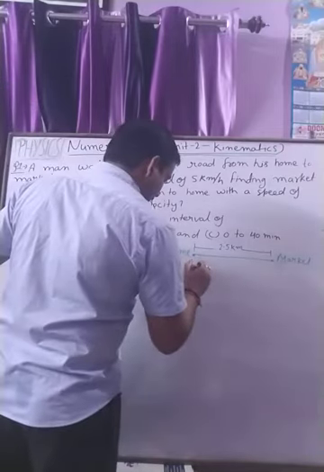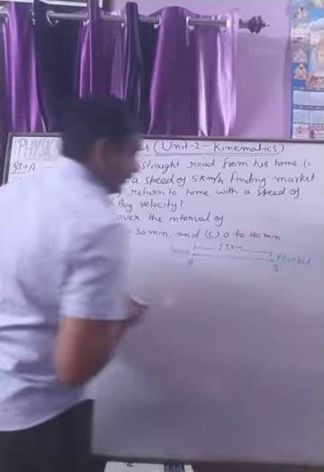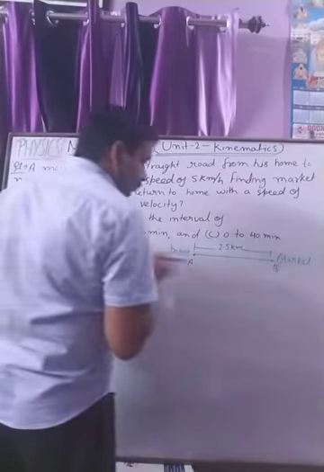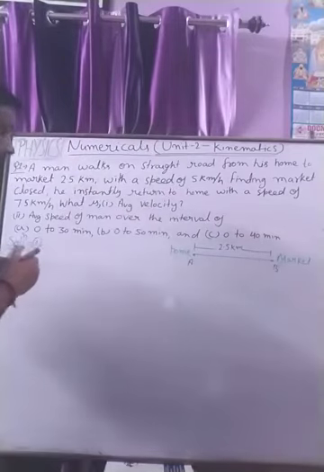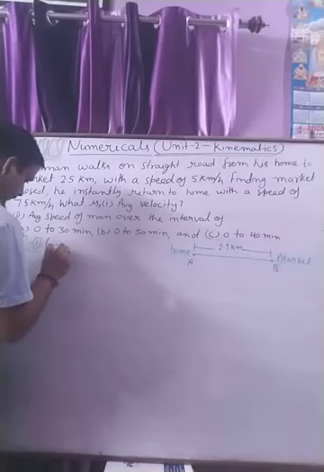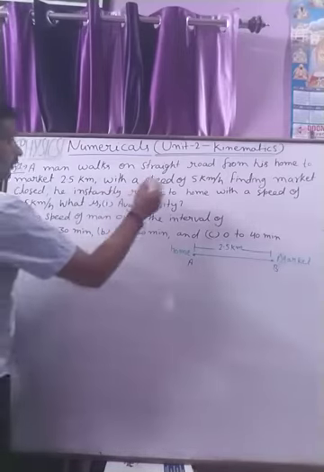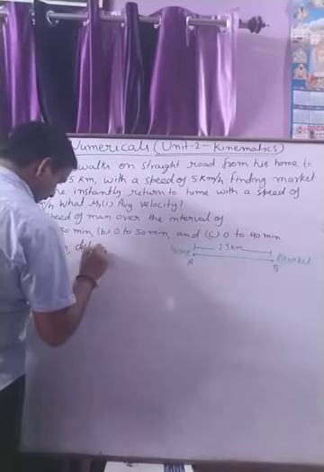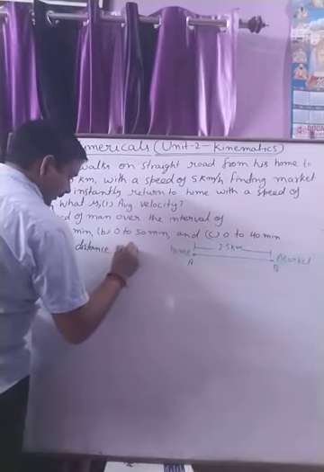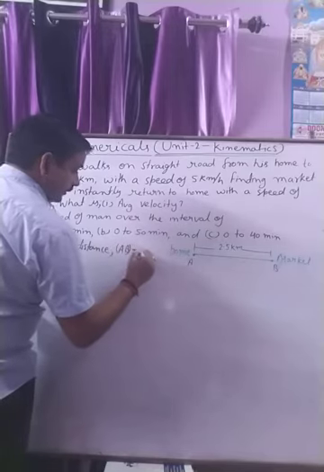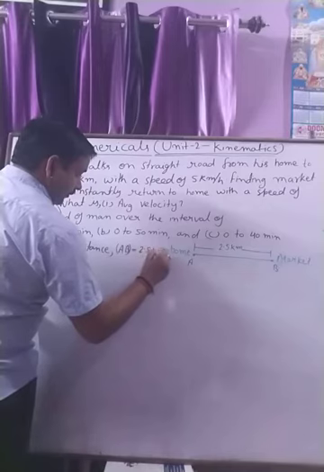Let home be at point A and market at point B. Now, given that the distance A to B is 2.5 kilometers.